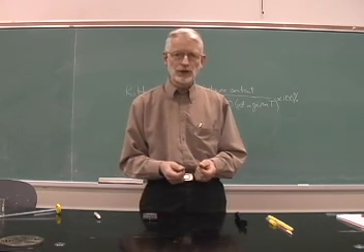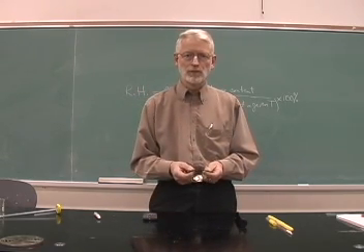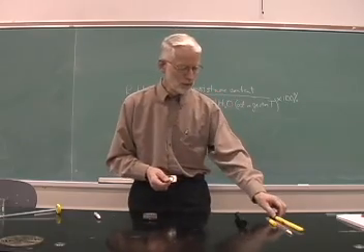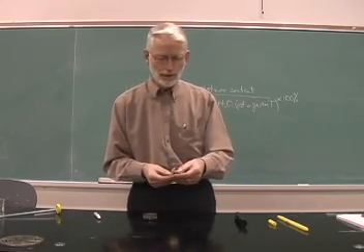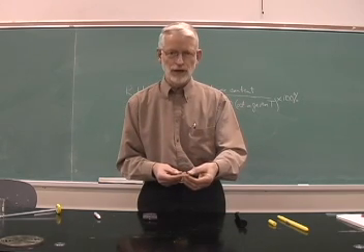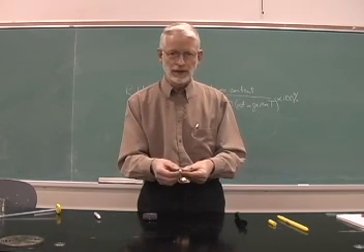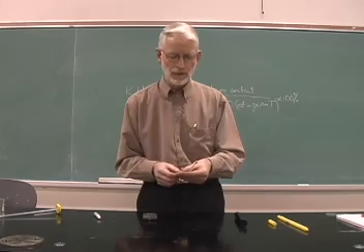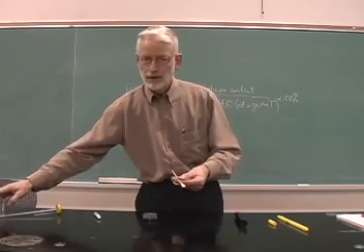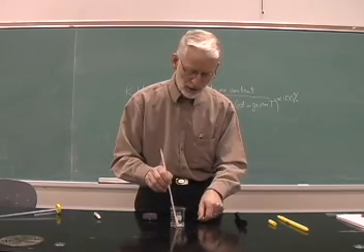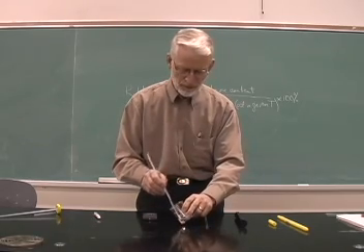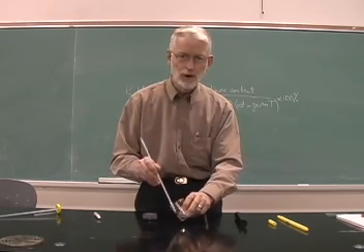So how do we measure relative humidity? Well, one way is to use two thermometers. One we call a dry bulb, and the second is a wet bulb. And so we take the thermometer and we dip the bulb in some water.